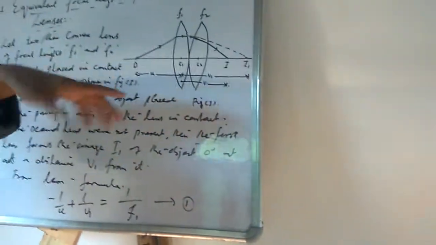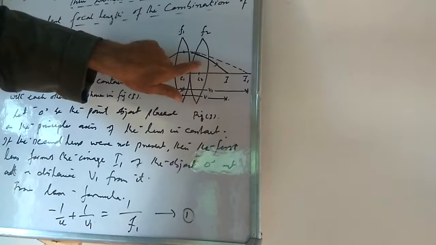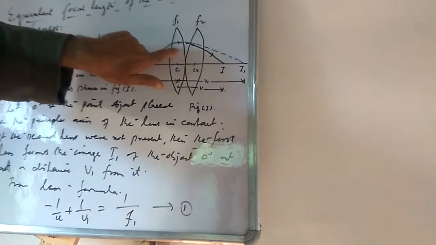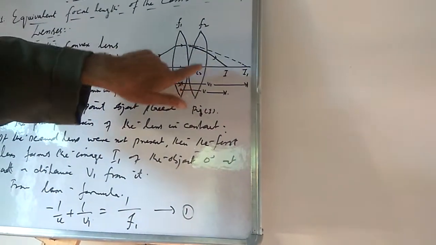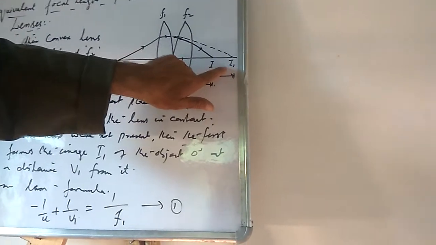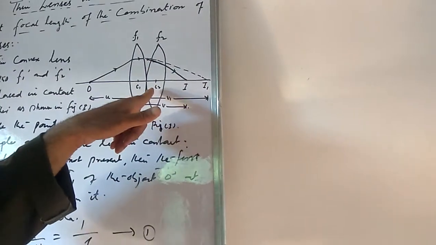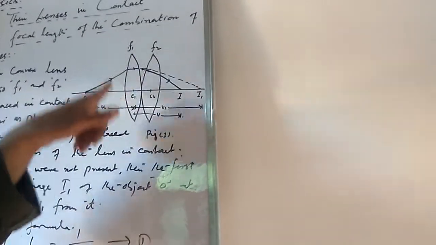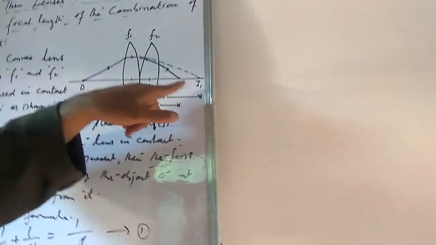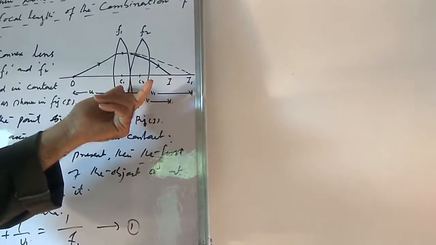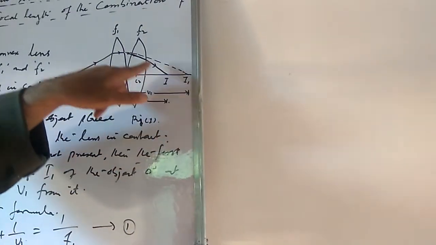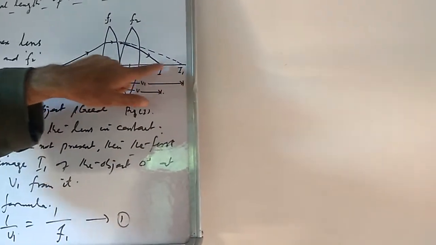Now, dear students, there is a second lens placed in contact with the first one. So this I1 acts as a virtual object for the second lens. I will repeat it: the image I1 formed by the first lens acts as a virtual object for the second lens, and it forms the final image at a distance v from it.